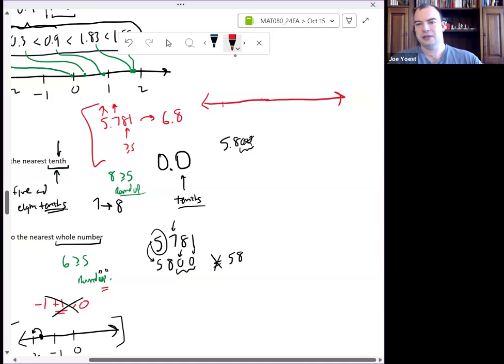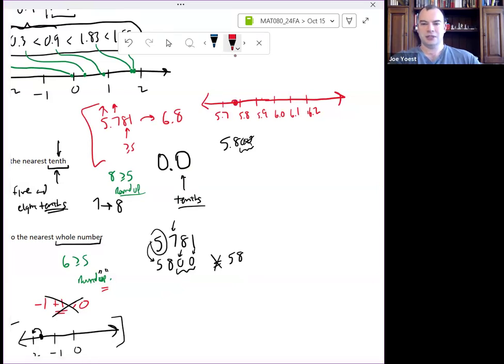So here would be 5.7, 5.8, 5.9, 6.0, 6.1, 6.2. I'm way over the edge now, but 5.781 would be like here. What's the nearest tenth? Well, it's going to be 5.8.